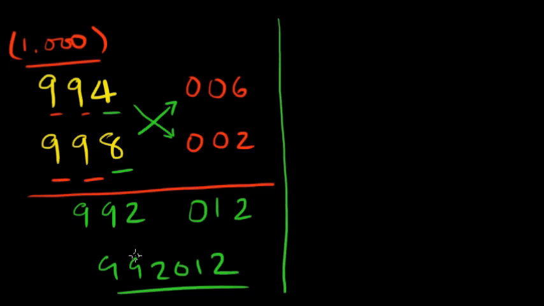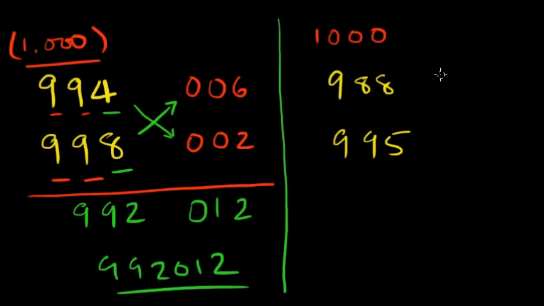Let's move on to the next one. We're going to do 988 into 995. So our base is 1000 here, and using the all from 9 and last from 10, we get 0, 1, 2.